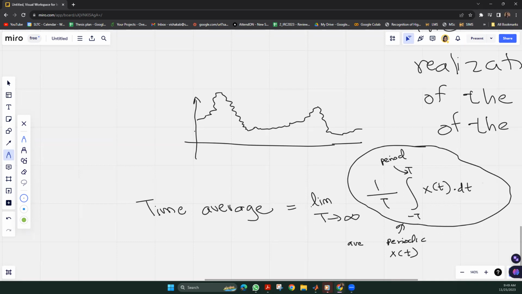So in this equation, in order for us to find the time average of this random sequence over time, why did we select T goes to infinity?